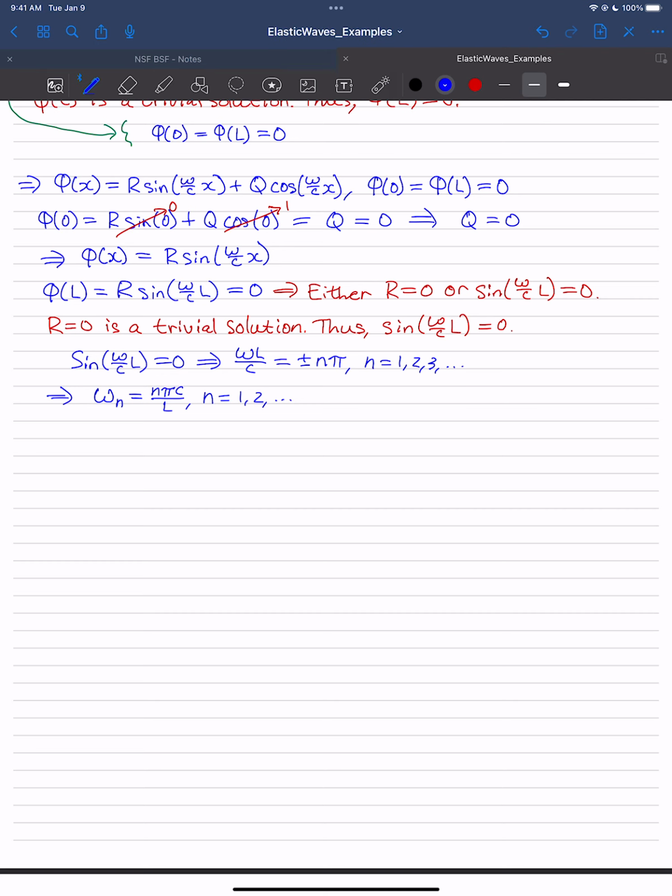And so in this case, we can write that this represents the countable infinity of natural frequencies.